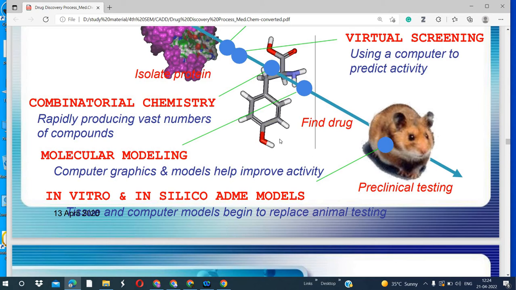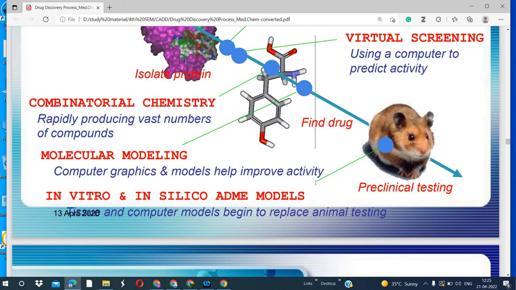We are working in the computer, then we can identify the few molecules that can be synthesized and further processed for preclinical testing and clinical trial, because clinical trial takes a lot of experimental cost. Its cost is very high.